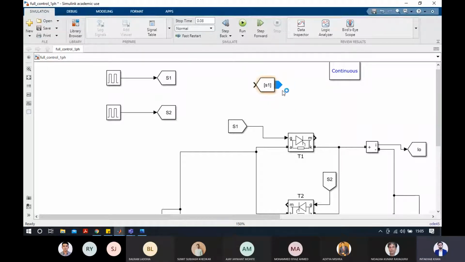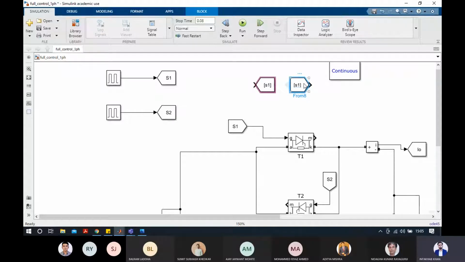Either you can drag it using the blue button, or you can type from, or search for the from block. So this is the from block. Whatever pulse is stored in S1 goes to some address, and then the same thing is replicated in this from block.